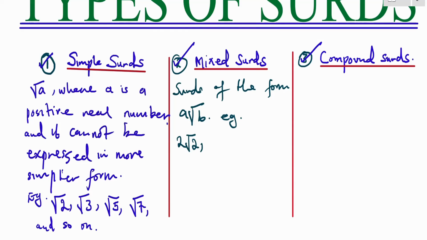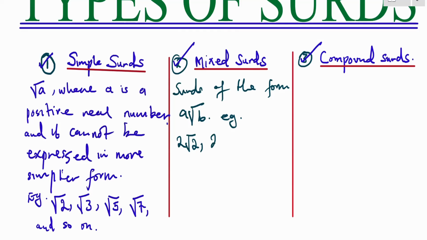So this is a mixed surd whereby we have the 2 outside the square root as the real number and then another 2 which is inside the square root, and the whole of this square root of 2 forms the irrational part. So in here we have the rational part, which could be 2, and then the irrational part, which is now the square root of 2.